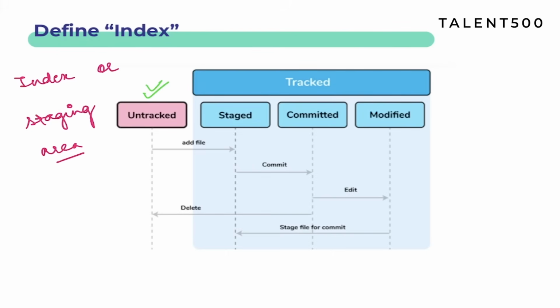After staging, the next step is commit. And after commit, we even have the option of editing it. When we edit, of course, we are modifying our file. And let us say after that you delete your file. So from commit, it comes back to untracked because it is now deleted, so we are not tracking it, correct?